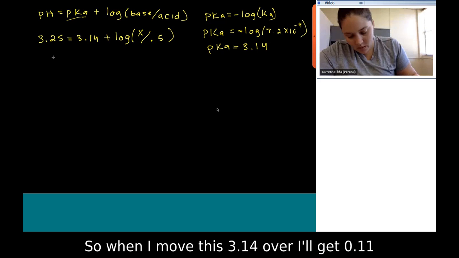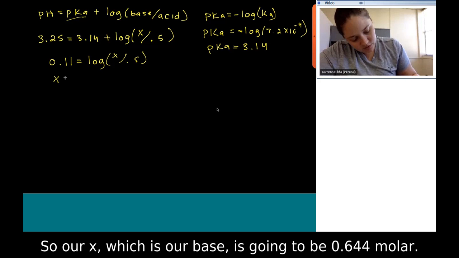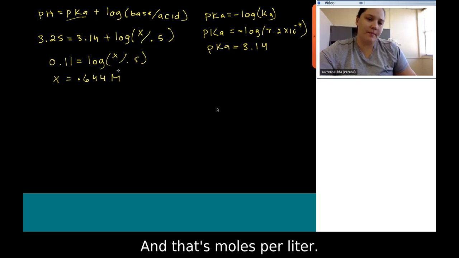So when I move this 3.14 over, I'll get 0.11 equals log of x divided by 0.5. So our x, which is our base, is going to be 0.644 molar, and that's moles per liter.